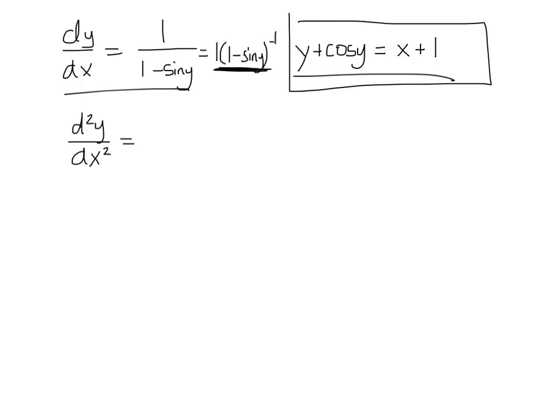So if I'm going to do this with chain rule instead, it's going to be -1 times 1 minus sine y to the -2, then times the derivative of the inside, which is, derivative of 1 is 0. And then we've got a negative in front of the sine, but the derivative of sine is cosine y, that's in parentheses, times dy dx.